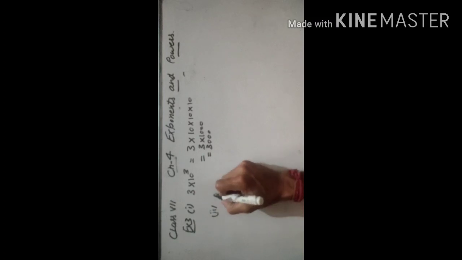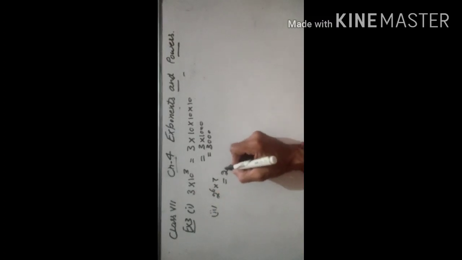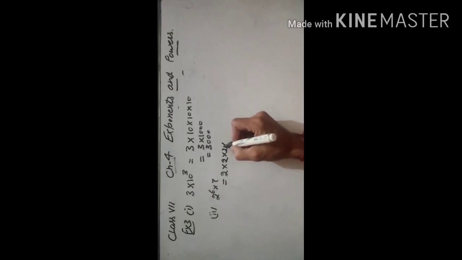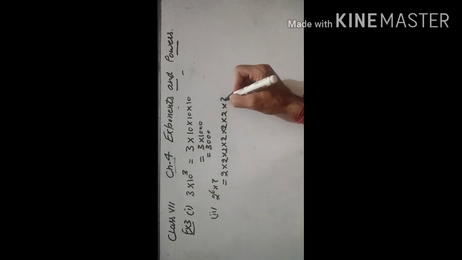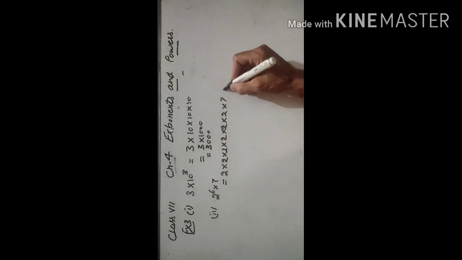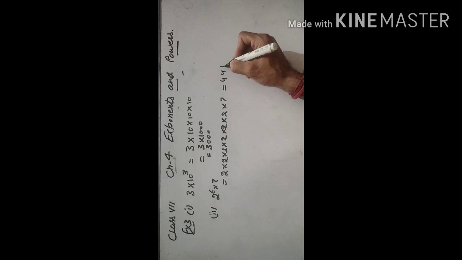Second part is 2 to the power 6 × 7, that is equal to 2 × 2 × 2 × 2 × 2 × 2 × 7. Now if we multiply it, the answer is 448.